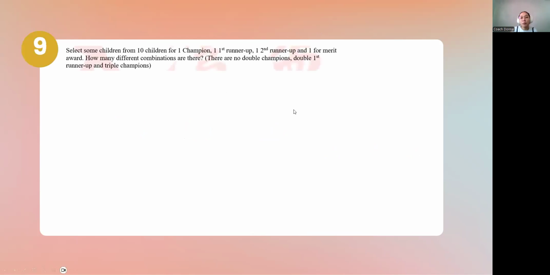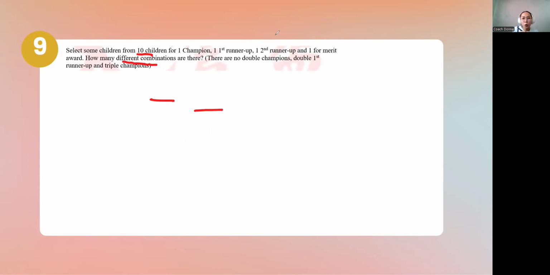Select some children from 10 children for one champion, one first runner-up, one second runner-up, and one for merit award. So how many different combinations are there? So it's different combinations, and you have 10 children. That means to say, we have a space for the champion, a space for the runner-up, the second runner-up, and the merit award.